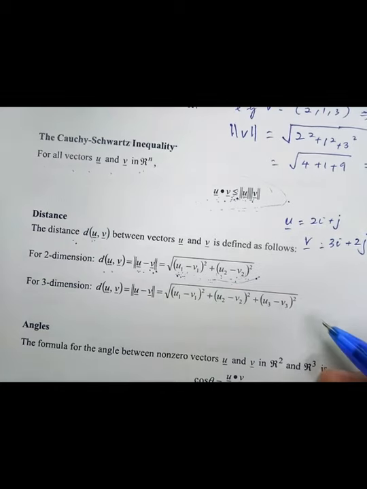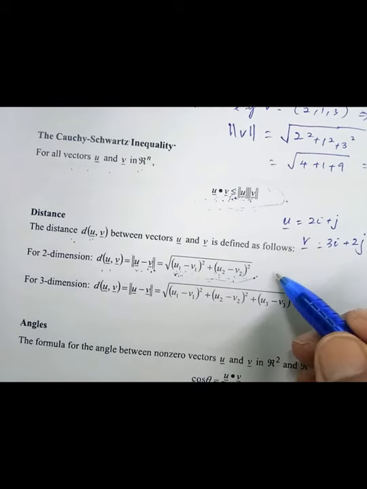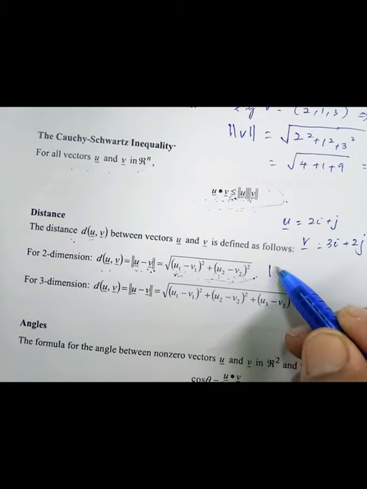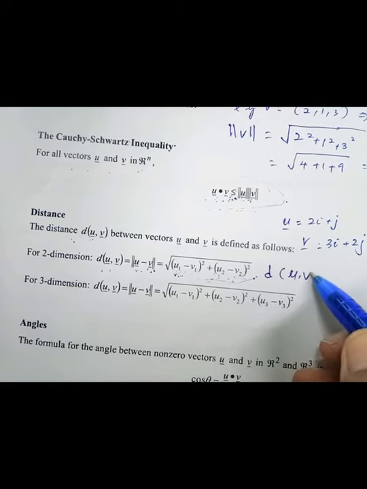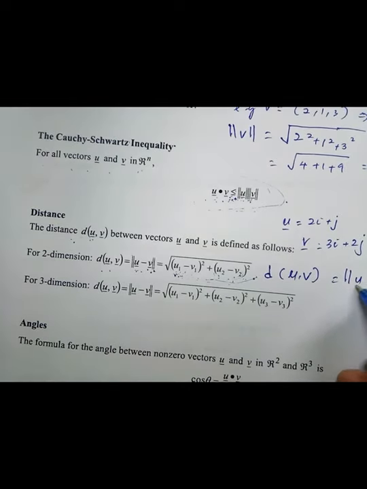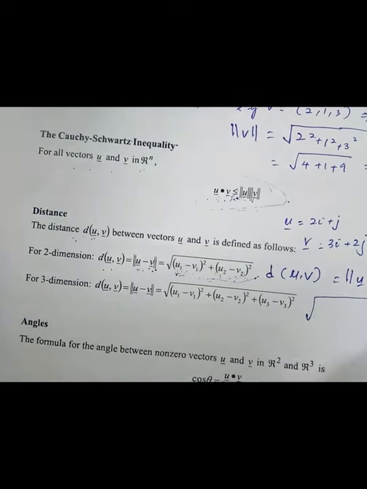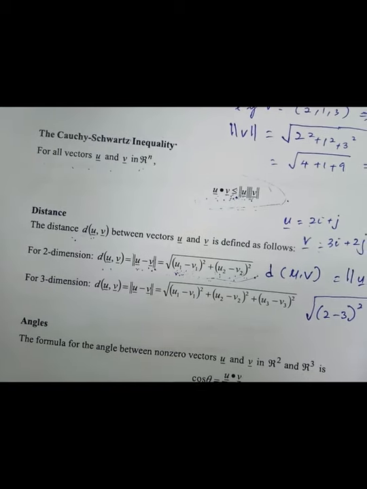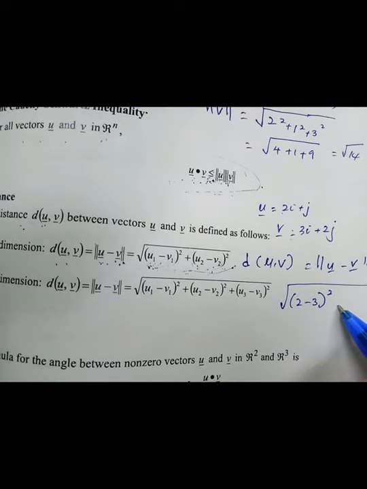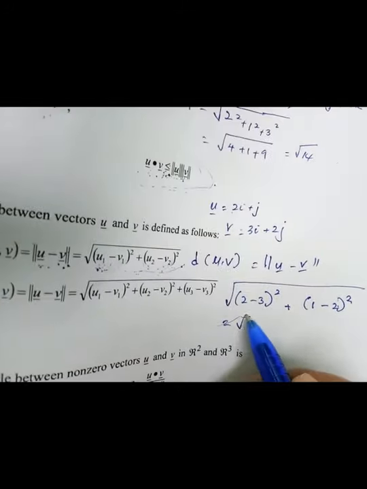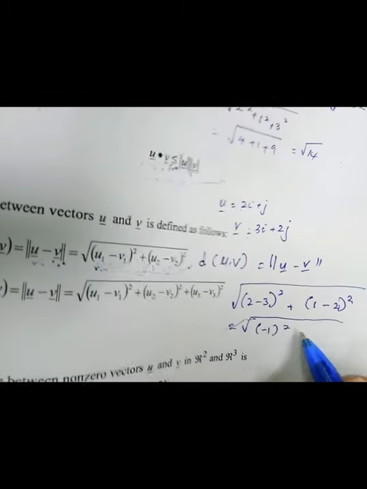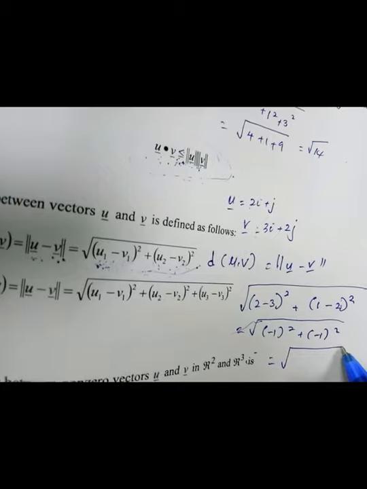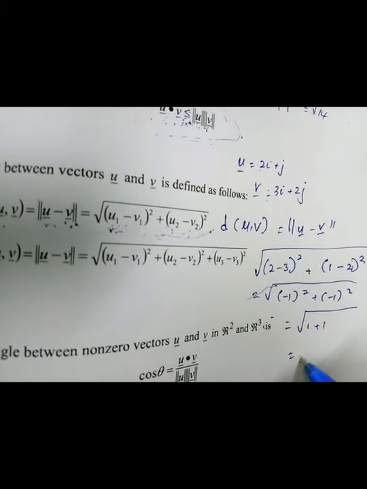Now the distance between u and v, by using the formula, is u minus v: 2 minus 3, squared, because we have a square here so the answer is always positive, plus 1 minus 2 squared. So the answer is minus 1 squared plus minus 1 squared, which is 1 plus 1, so the distance is square root of 2.